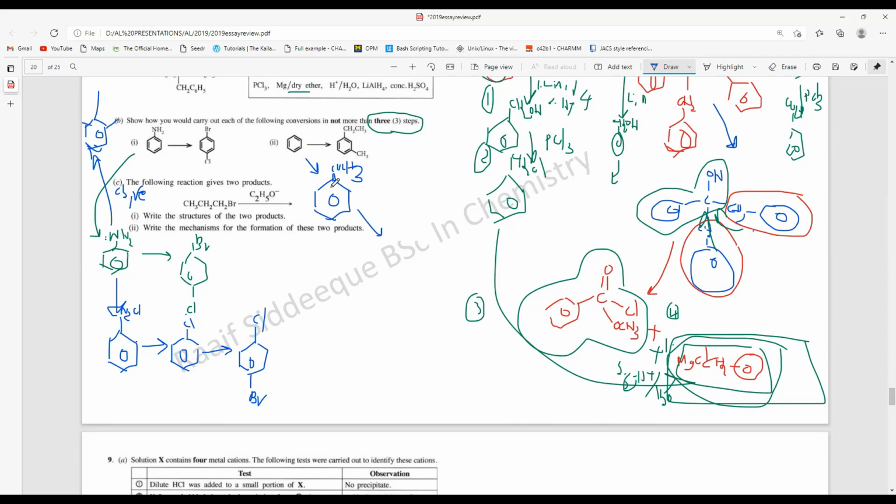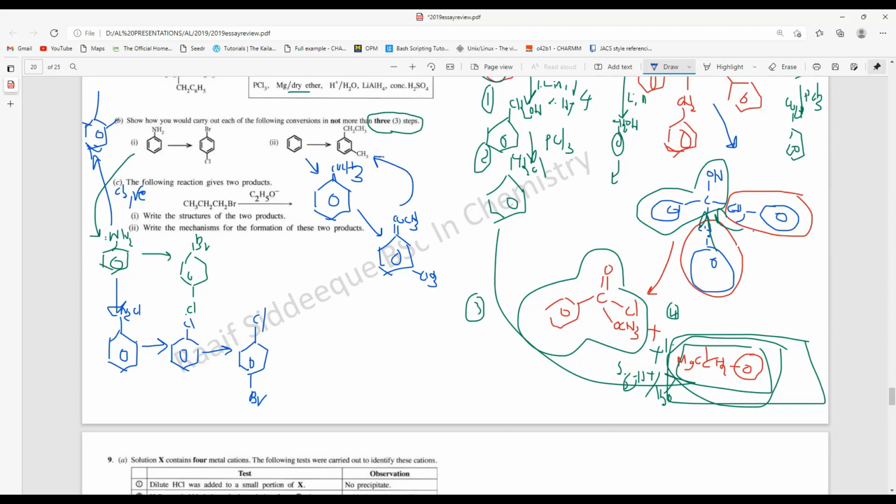So how do you add this? COCH3Cl and anhydrous AlCl3. And then you add CH3 again, so CH3Cl and anhydrous AlCl3. So you will have in the second step CH3, and here there will be COCH3.